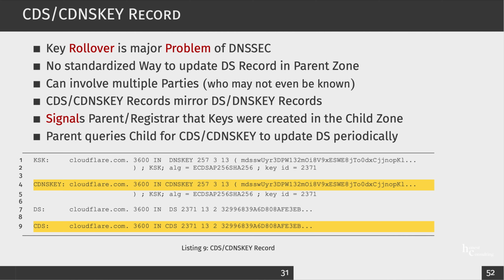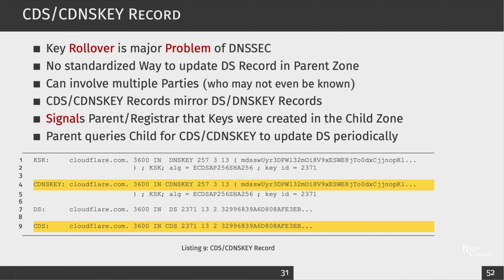So within a signed DNS zone, you will find the delegation signer and the CDS, which can be loaded by the parent zone to automate the process of updating the delegation signer.